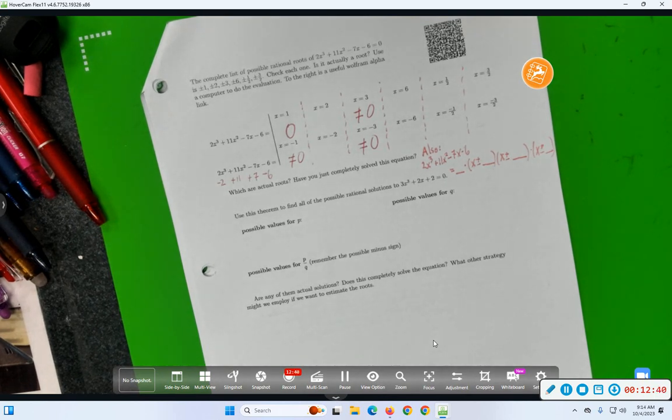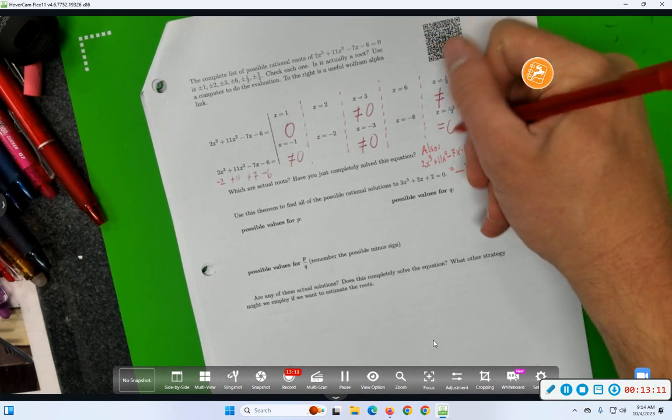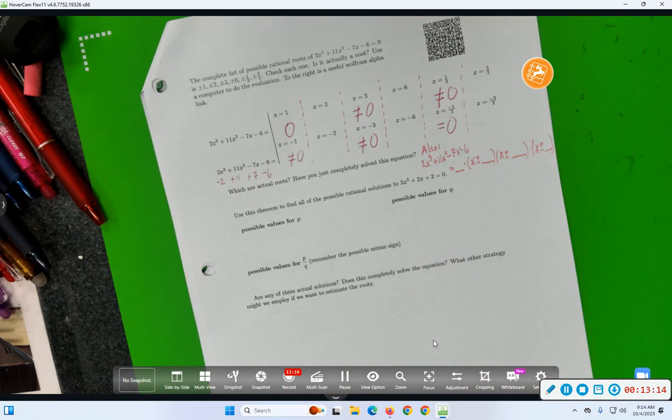It's not 0. Cool. Well, 2/3 of the way done.